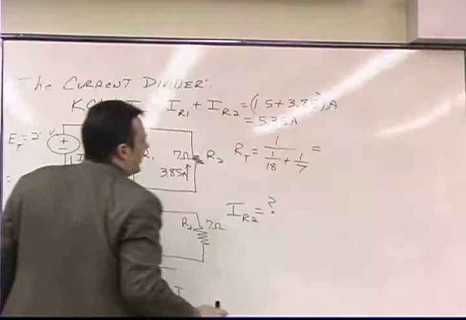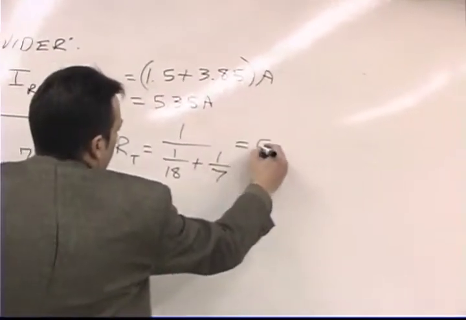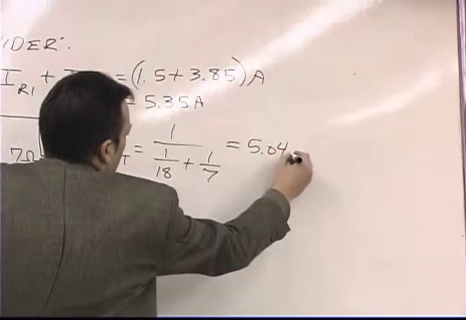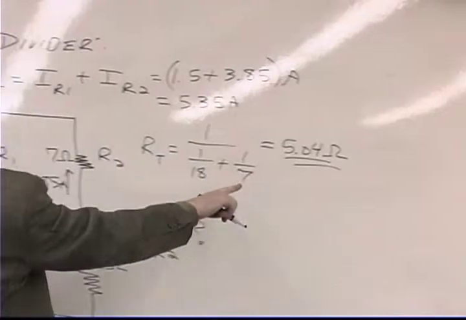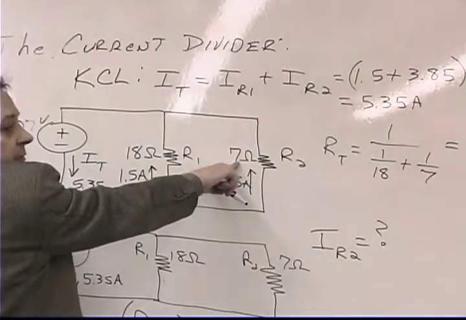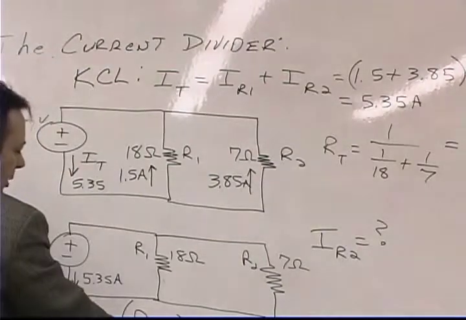So what is that? 5.04 ohms. Okay? And we see that that is in fact smaller than the smallest resistor. So our total is 5.04.